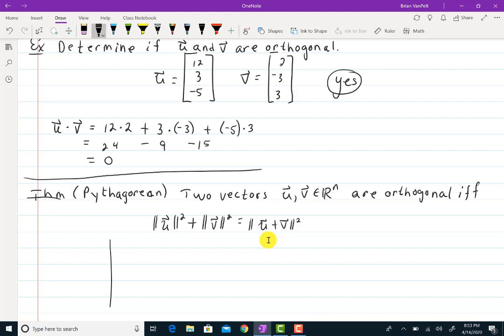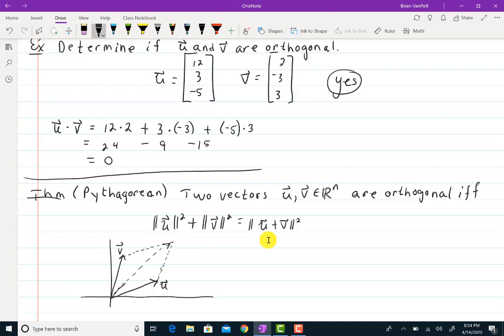Let me go back to R2. Let's say you have a vector, and we'll call it u, and then another vector that we'll call v. If you'll remember, one of the ways I can get their sum is to use a parallelogram to create a new vector that goes from this spot to this spot here.